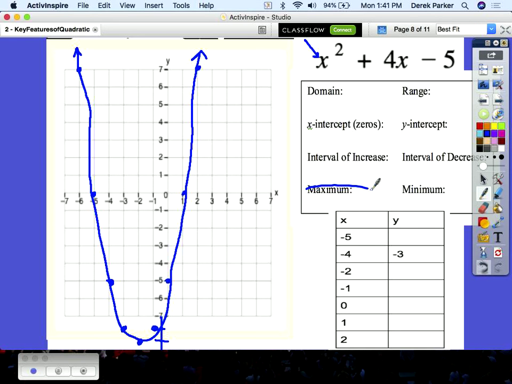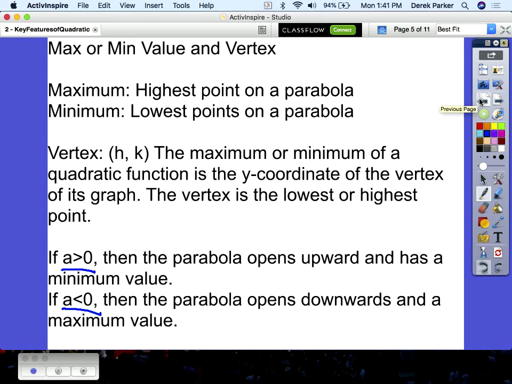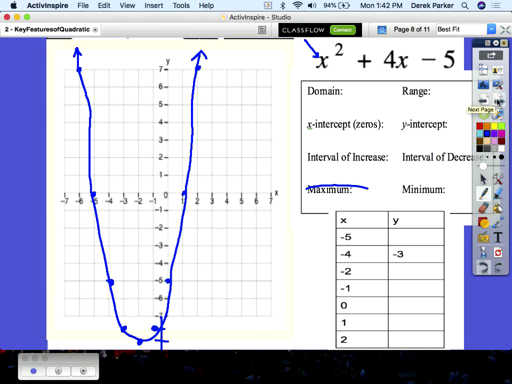The minimum is, let's go back a slide, the lowest point on a parabola. The maximum or minimum of a quadratic function is the y-coordinate of the vertex. So now, again, the vertex in this equation is (-2, -9). That means the minimum is -9.